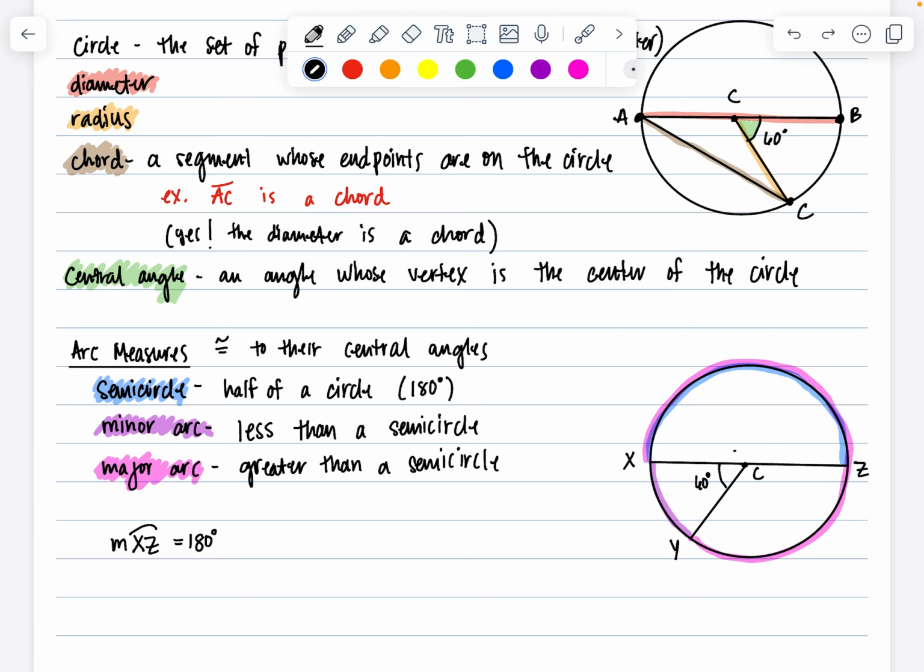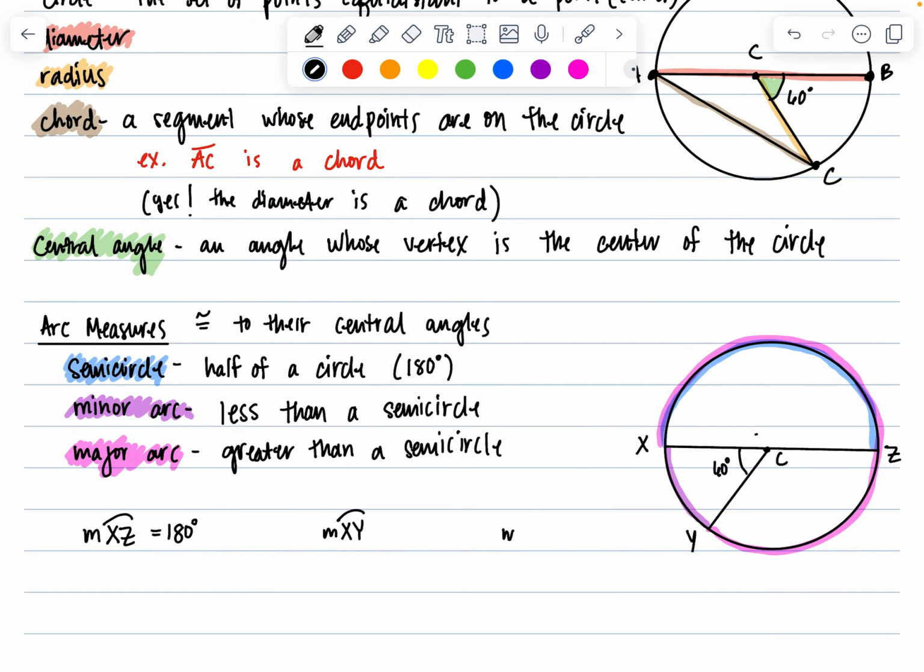But if we're talking about, let's say, the measurement of XY, there's a difference between the measurement of XY and the measurement of XZY, because, well, obviously one has 2 letters, one has 3 letters, but it also talks about direction.